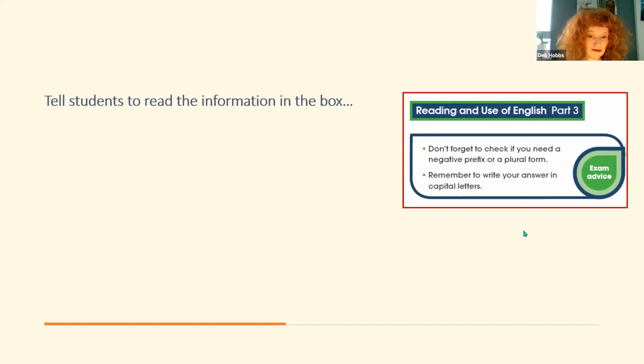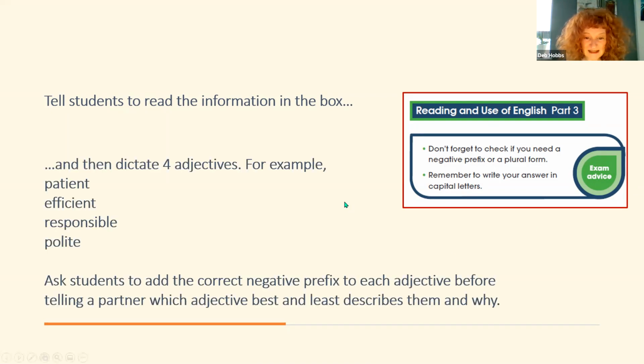So in this example, we have the reading and use of English part 3. Read the information in the box and then dictate 4 adjectives. I noticed that the reading and use of English tip box had information about negative prefixes. So I thought that, if I dictated 4 adjectives and then asked the student to add the correct negative prefix to each adjective and then discuss which best and least describes them and why.